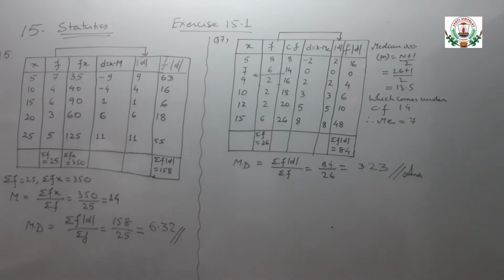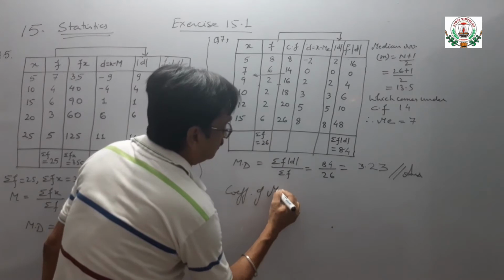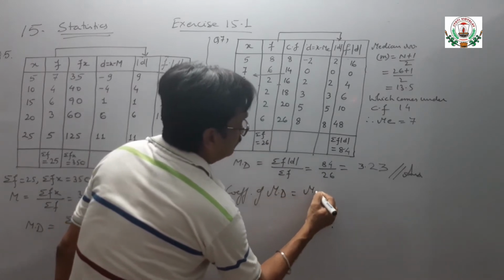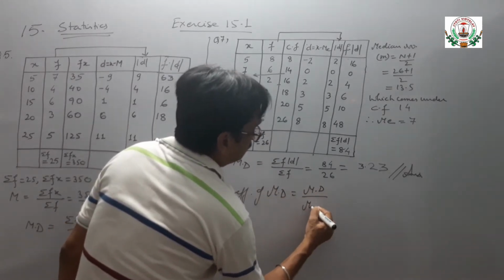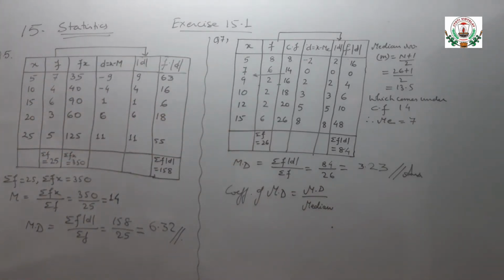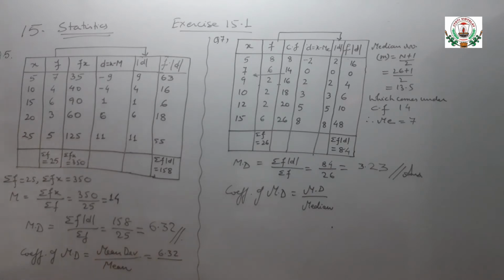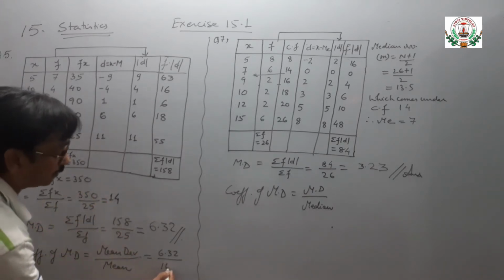And suppose if I want to calculate the coefficient of mean deviation, one more thing I am adding here: coefficient of mean deviation equals mean deviation upon, we have calculated the mean deviation from median. If we are calculating the mean deviation from mean, then our formula, as in the previous question, the coefficient of mean deviation is the mean deviation divided by the mean, which is 6.32 upon the mean, 14.